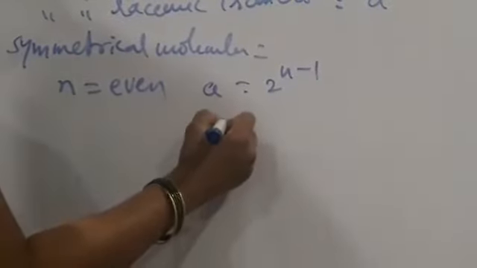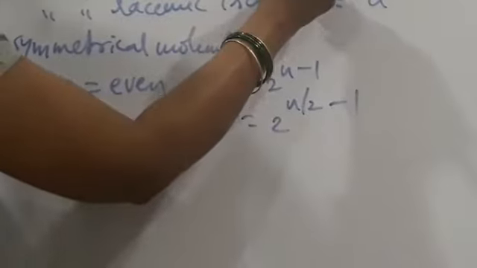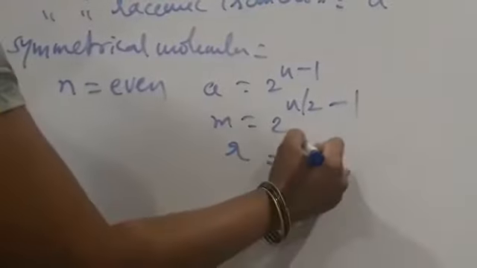And the number of meso isomers, M, is equal to 2 to the power n by 2 minus 1. And for racemic mixtures, R is equal to A by 2.